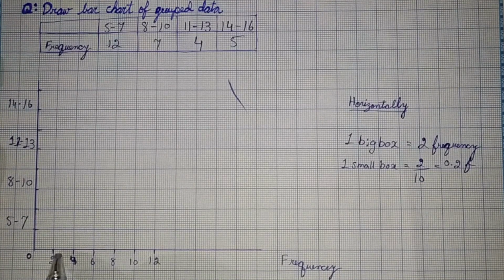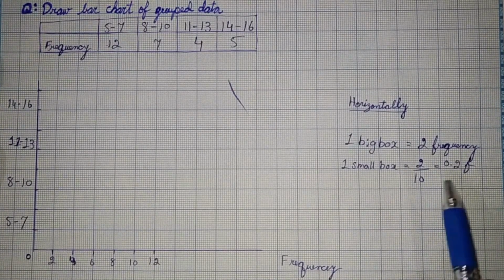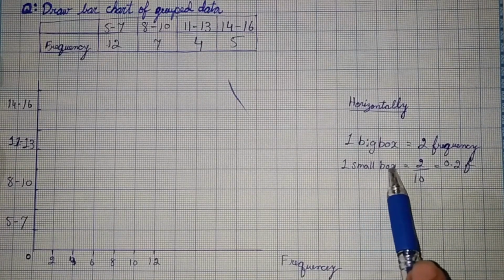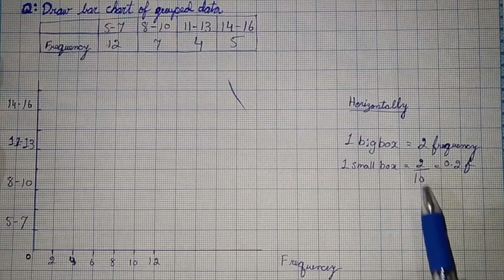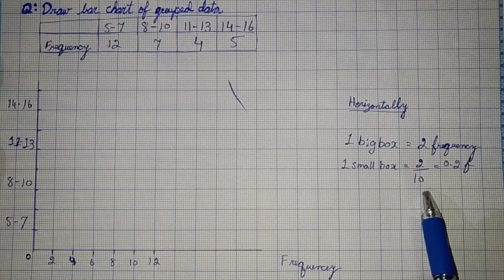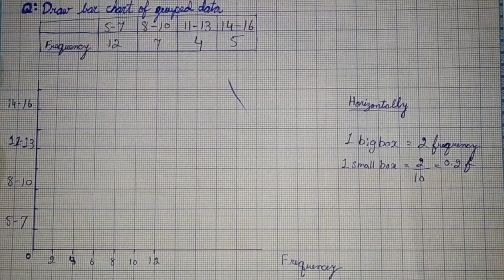So 10 small boxes have a frequency of 2. If I want to find the frequency of one small box, I will divide this 2 by the number of small boxes. It will be equal to 0.2 frequency.